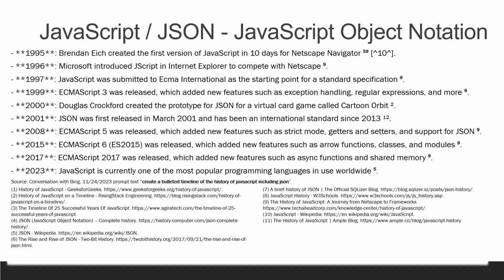All of these technologies are decades old, and they are governed by international standards bodies. HTML and CSS has the W3C, or the World Wide Web Consortium. JavaScript has ECMA International, or the European Computer Manufacturers Association.